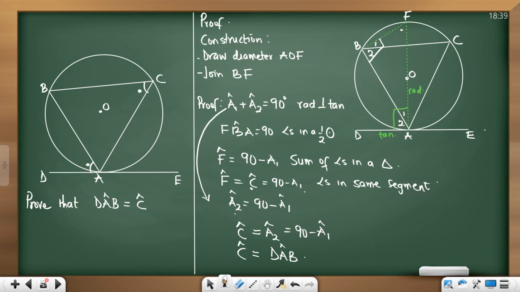So number one, we looked at tan rad. Number two, tan-chord. We actually have a third one on the tangent. So with tangent, we're doing three things: tan-chord, tan rad, and now the third one, which is tangents drawn from the same point.